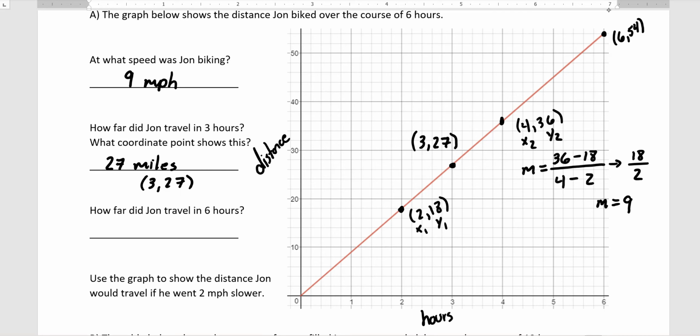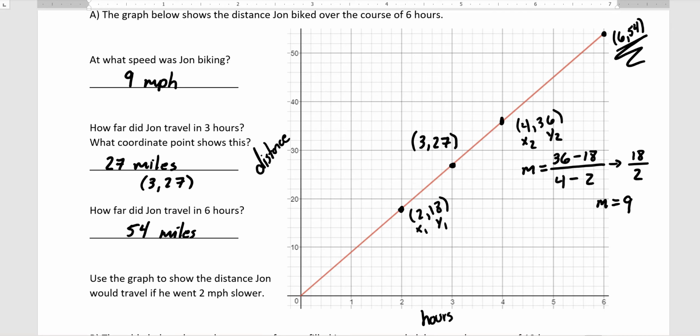How far did John travel in 6 hours? Well, we actually already found that one. In 6 hours, he traveled 54 miles. That coordinate point shows that. 54 miles. Use the graph to show the distance John would travel if he went 2 miles per hour slower.